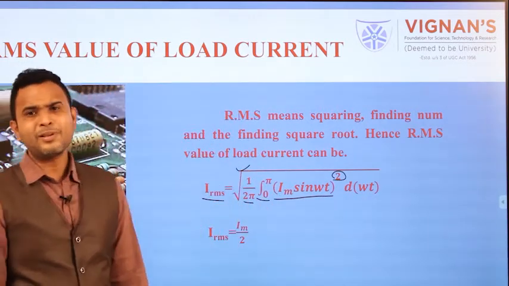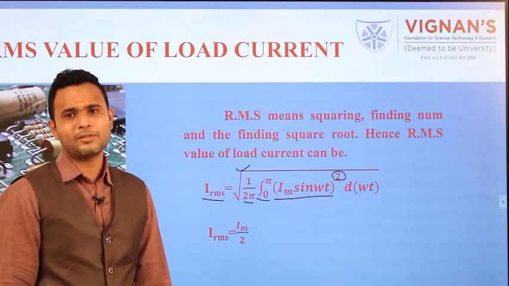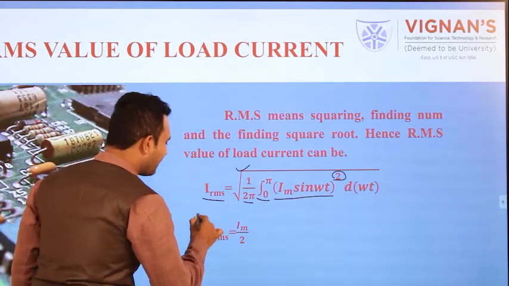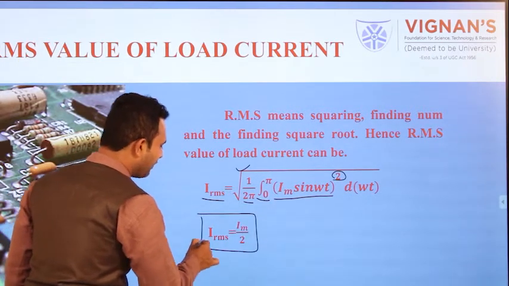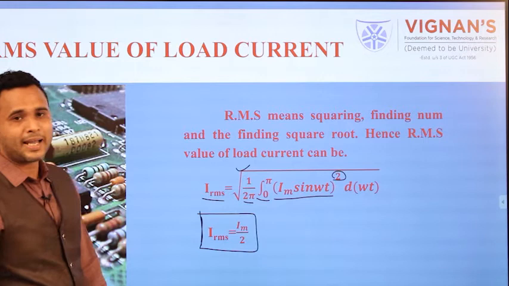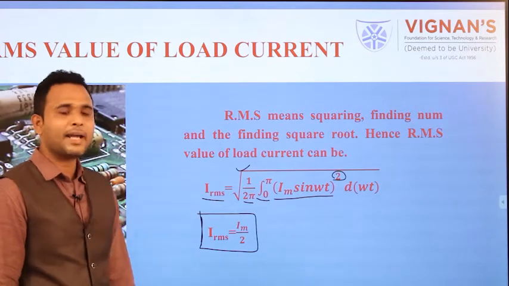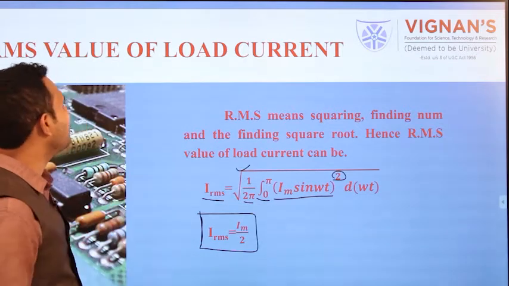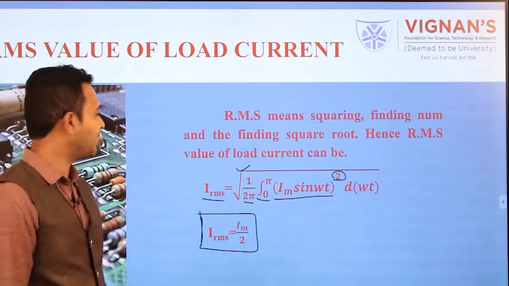This is simple integration, and solving it we get IRMS equal to Im by 2. This is the expression for the RMS value of the load current.